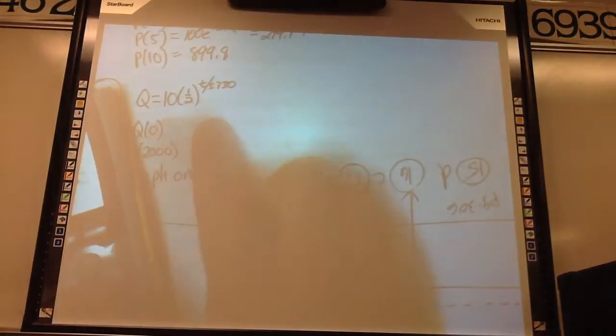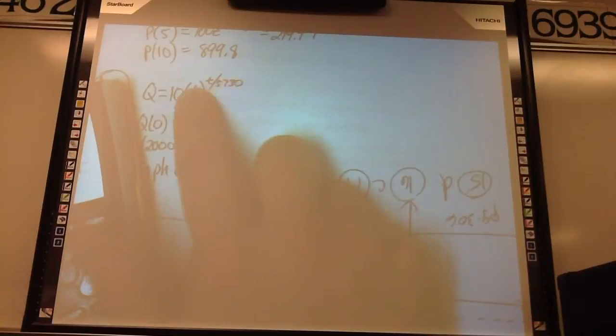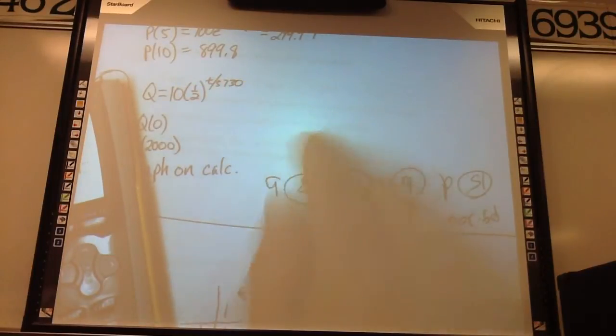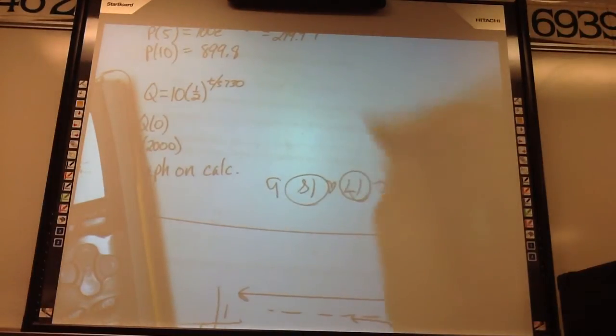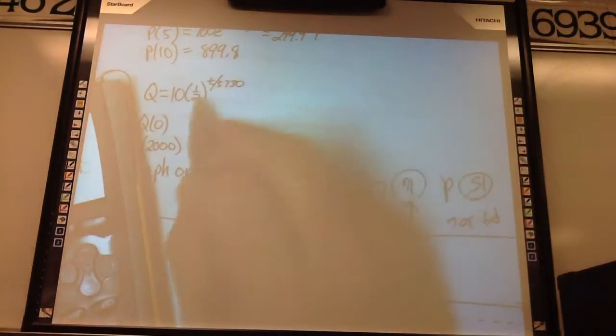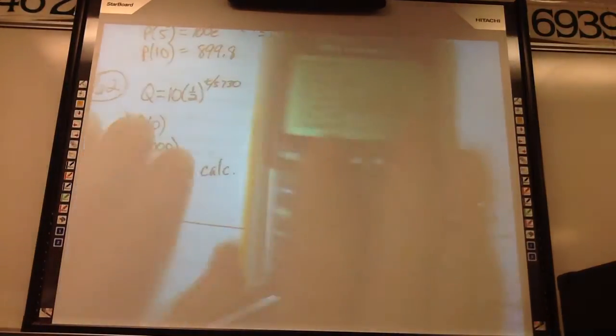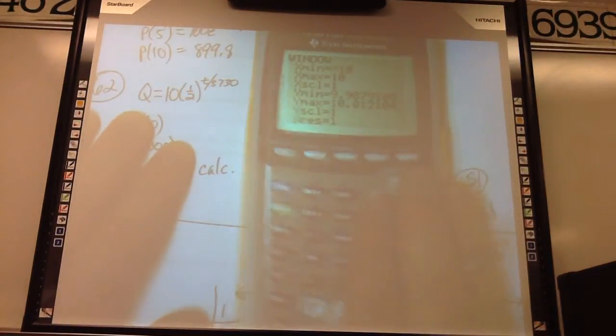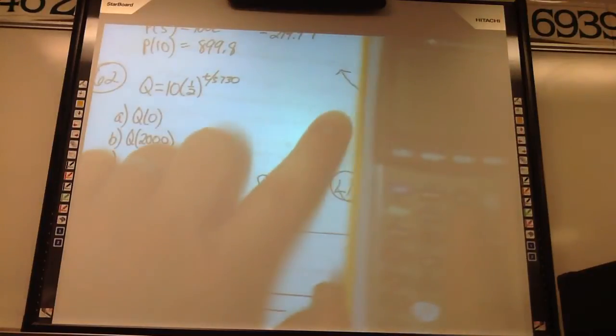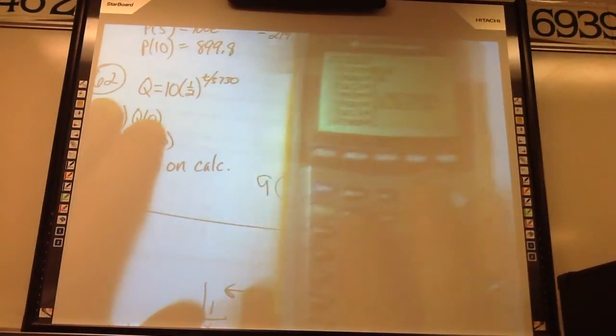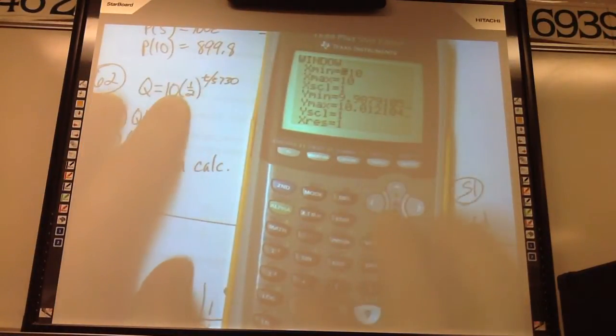This is an exponential, correct? Is it going to go up or down from left to right? Down, because the multiplier is a fraction, so it should look like this. When we set up our window, let's do y first. Do we need a negative region of y? No, this will never be negative.